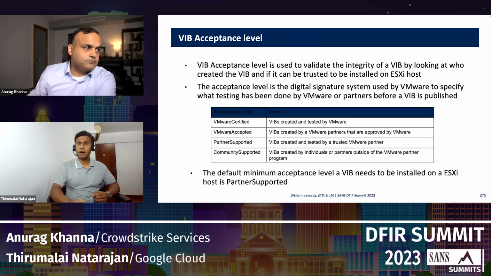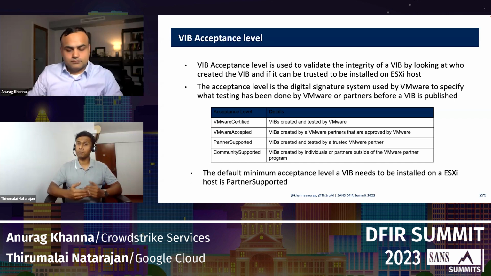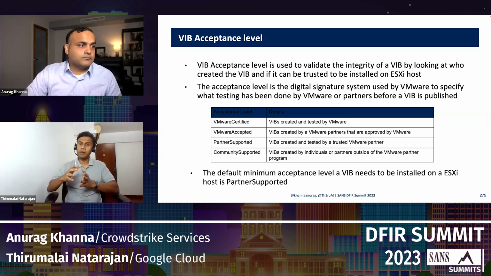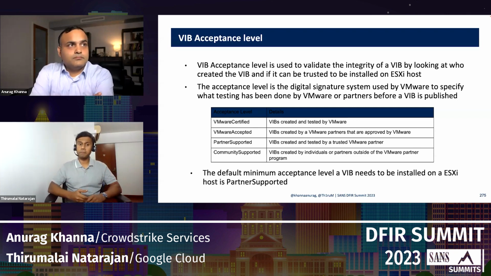Each VIB has an acceptance level associated. That denotes the integrity of the VIB, who created it, and what type of testing and verification was performed. There are 4 acceptance levels. VMware certified VIBs are created and tested by VMware. VMware accepted VIBs are created by VMware partners approved by VMware.